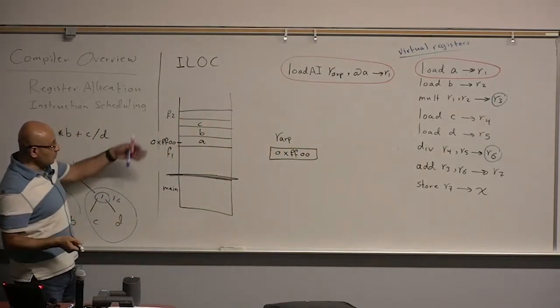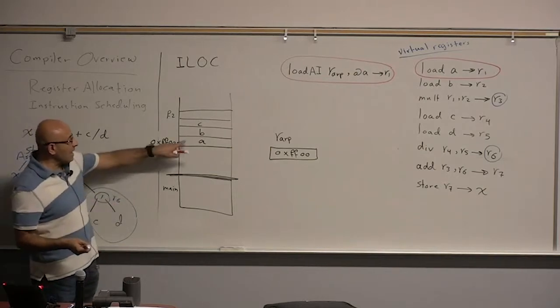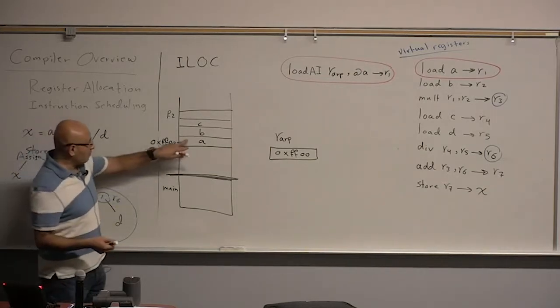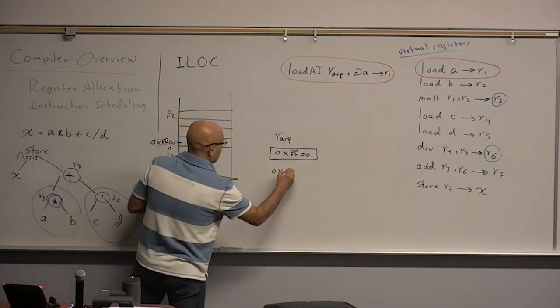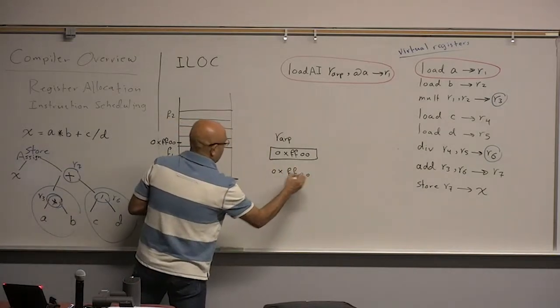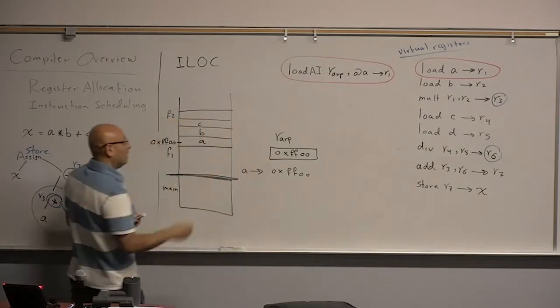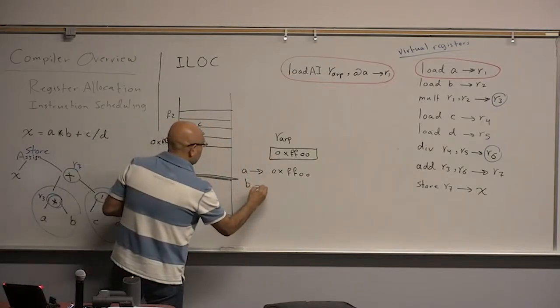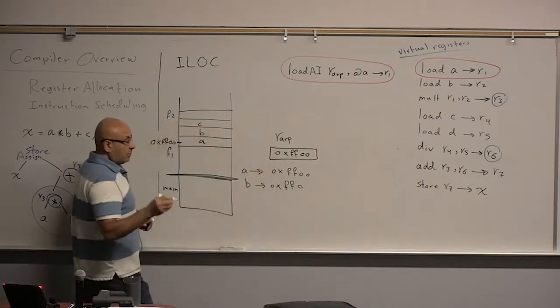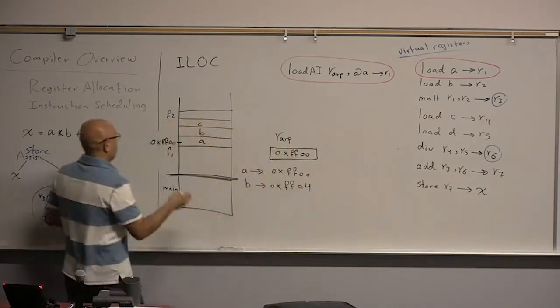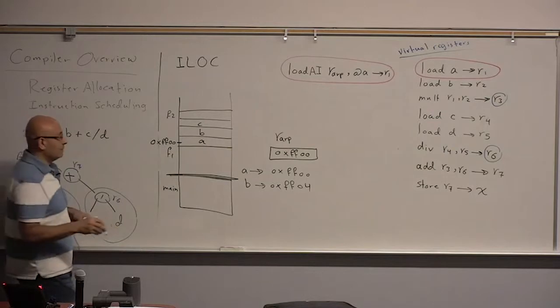So to compute the actual address of a variable, for A, it's going to be 0xFF00. For variable B, it's going to be 0xFF04, assuming that we have 32-bit variables.